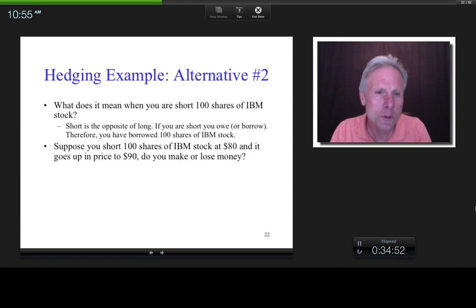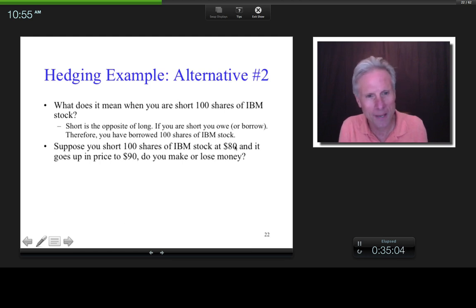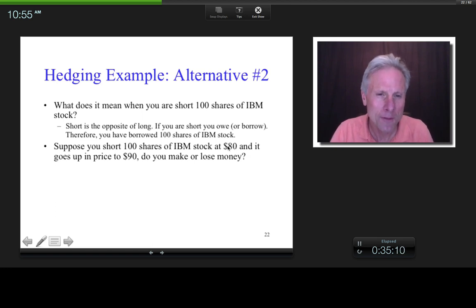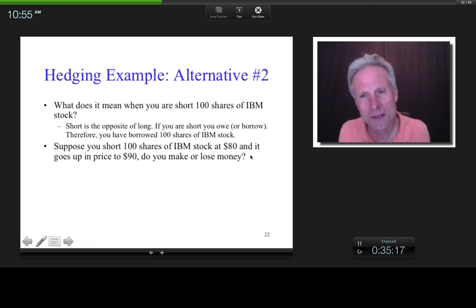So let's say you short 100 shares of that stock at $80. Okay? So what that means is that your account literally, it's like going to the bank and borrowing $8,000. Now, if it goes up to 90, and it's time to repay that 100 shares, how many dollars will you have to come up with to get those 100 shares?